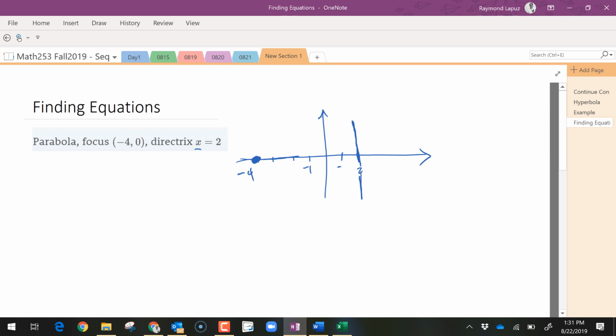So it looks like it should be along the x-axis, the shortest distance between the focus and the directrix. The midpoint is going to be -1, comma 0. Okay. So that looks like it's going to be the vertex. So we should expect that after we do all our work.